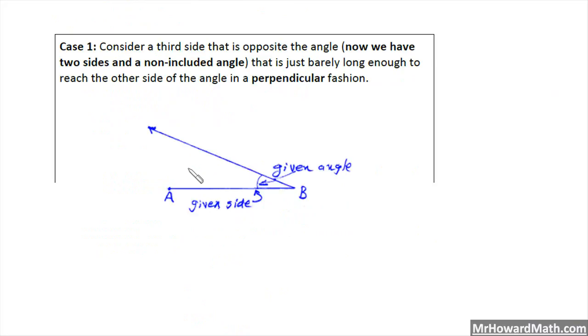Now we have two sides and a non-included angle, and it's barely long enough to reach the other side. If it's just long enough, it ends up being a right triangle, and it makes a perpendicular there.